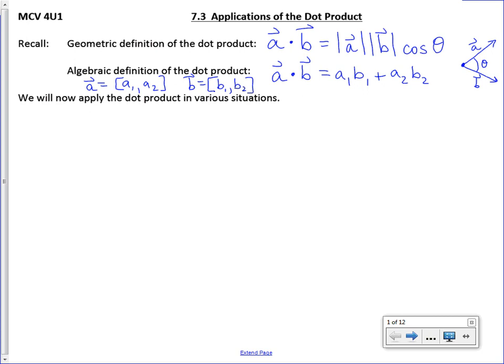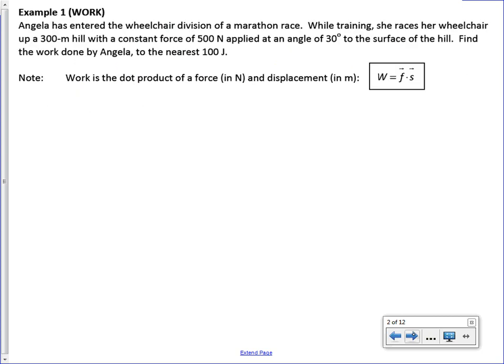Because the title of this lesson is Applications of Dot Product, we're going to learn how the dot product is used in different situations. The first one we're going to do is work. Physics people should know about work.